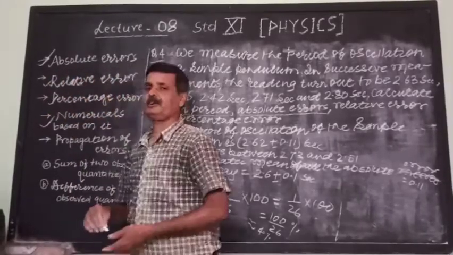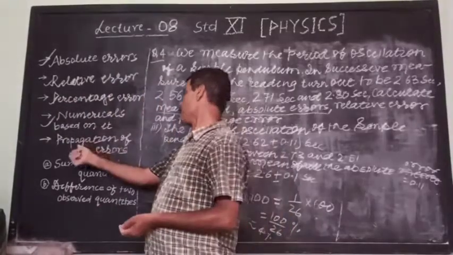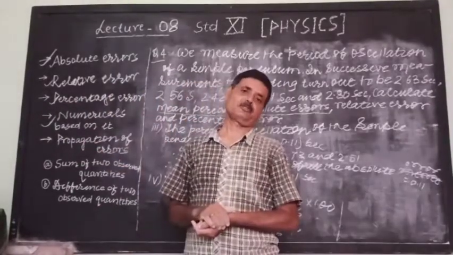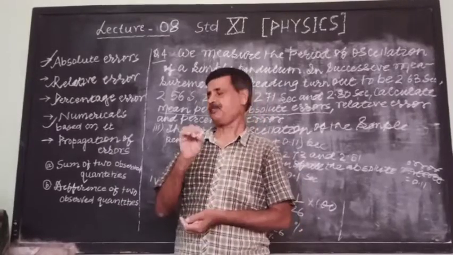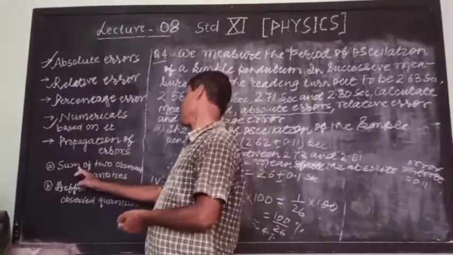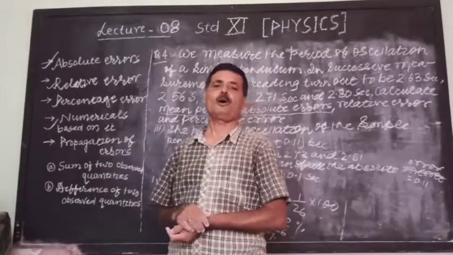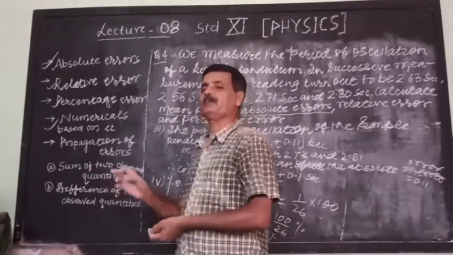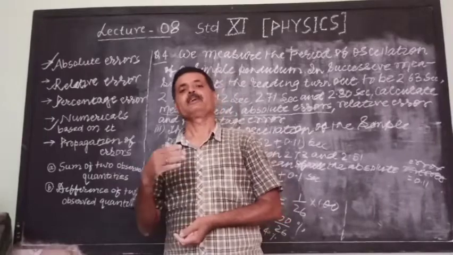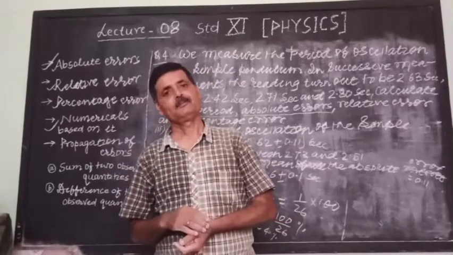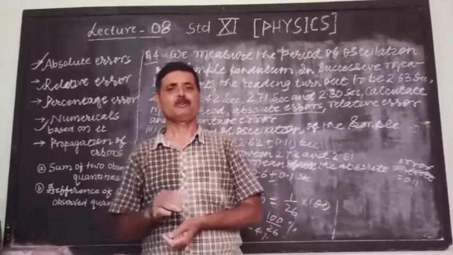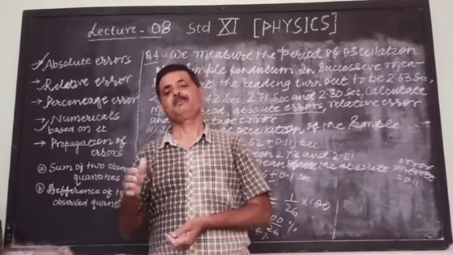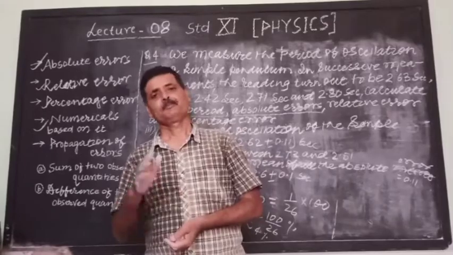Numerical based on it. Now, propagation of errors. It is divided into 4 parts. The very first part is the sum of 2 observed quantities. Let A and B be 2 quantities, and if your Z is A plus B, what will be the value of delta Z?